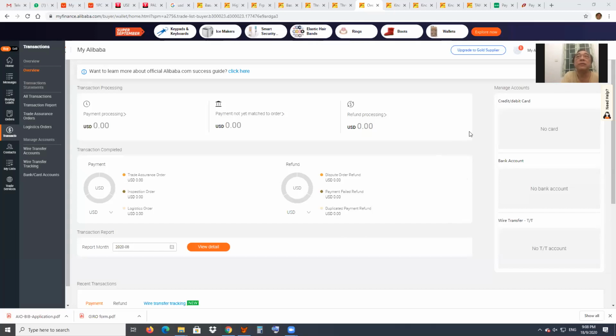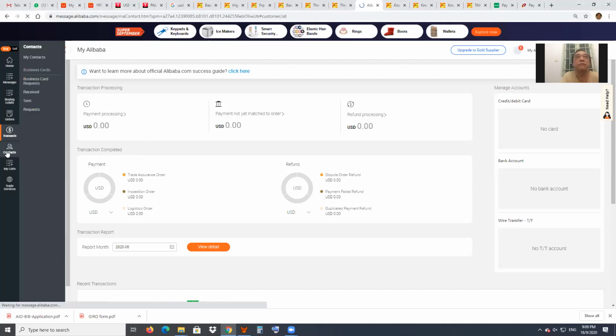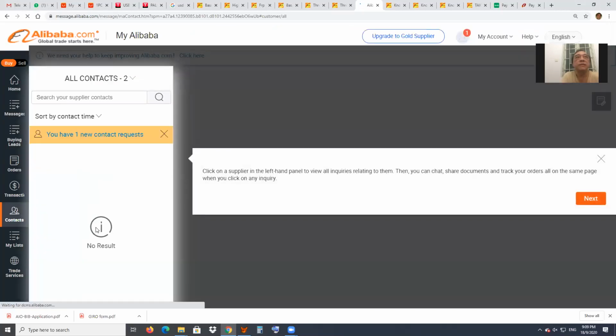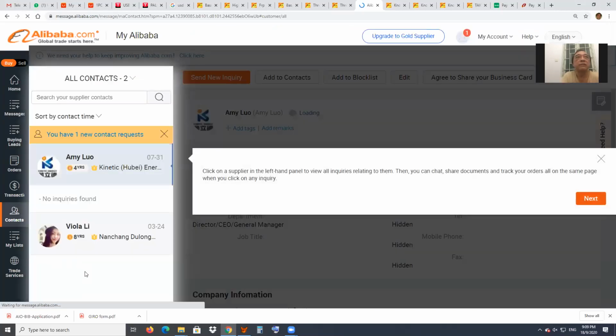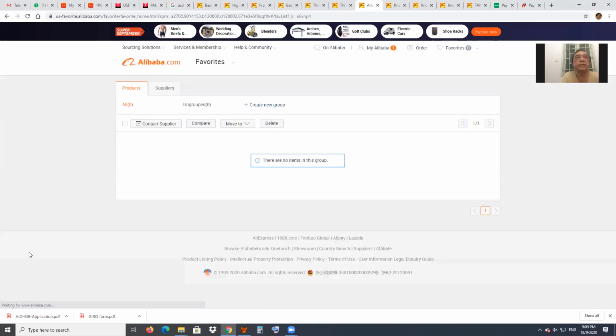Normally Alibaba doesn't sell this type of thing, it's only from your own source somewhere. There are a lot of these funny things, so be careful. If you don't know, better check. And these contacts here are people who contacted me. I didn't reply and I didn't contact them. All this is nothing, the rest are all okay.